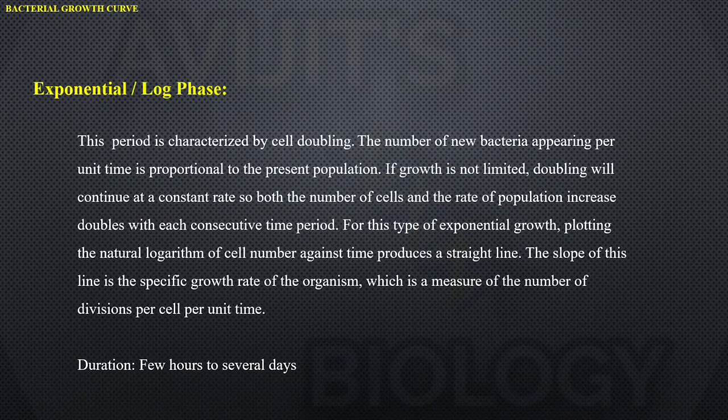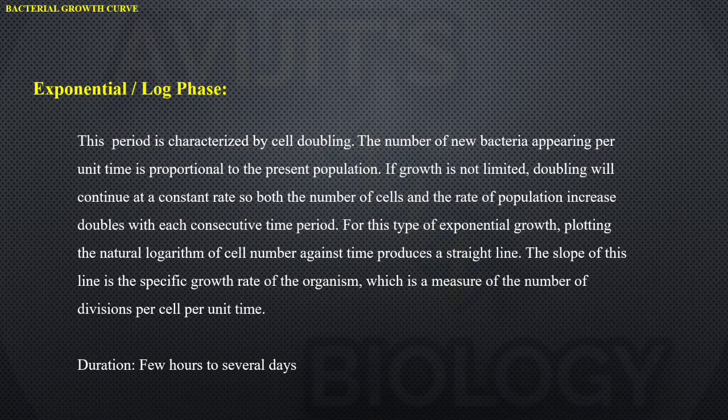Next is the exponential or log phase. This period is characterized by cell doubling. The number of new bacteria appearing per unit time is proportional to the present population. If growth is not limited, doubling will continue at a constant rate. So both the number of cells and the rate of population increase double with each consecutive time period.